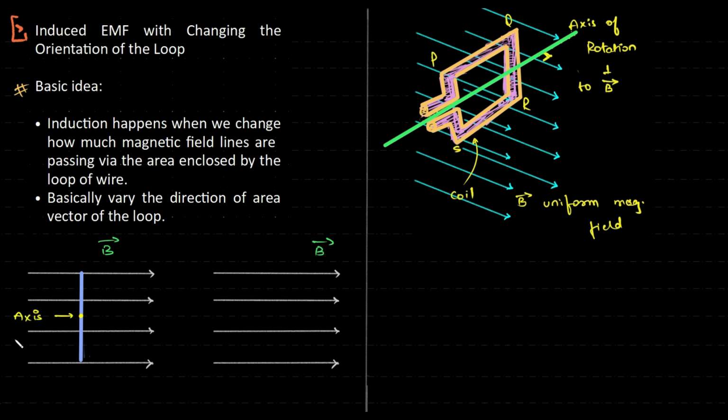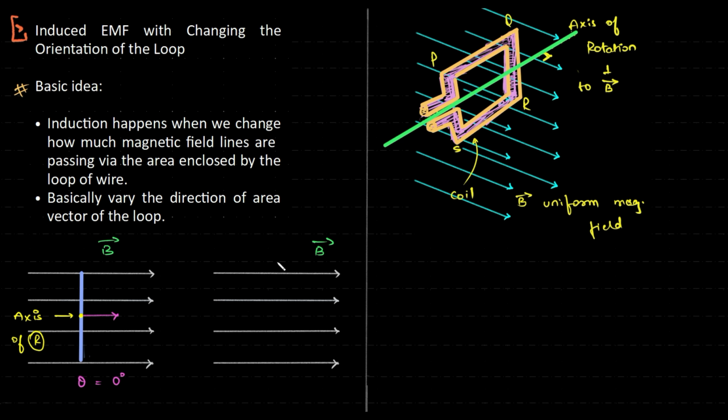Now whenever we analyze anything, we have to look at the area vector. So that's your area vector. Here in this case, the angle between the magnetic field line and the area vector is 0.